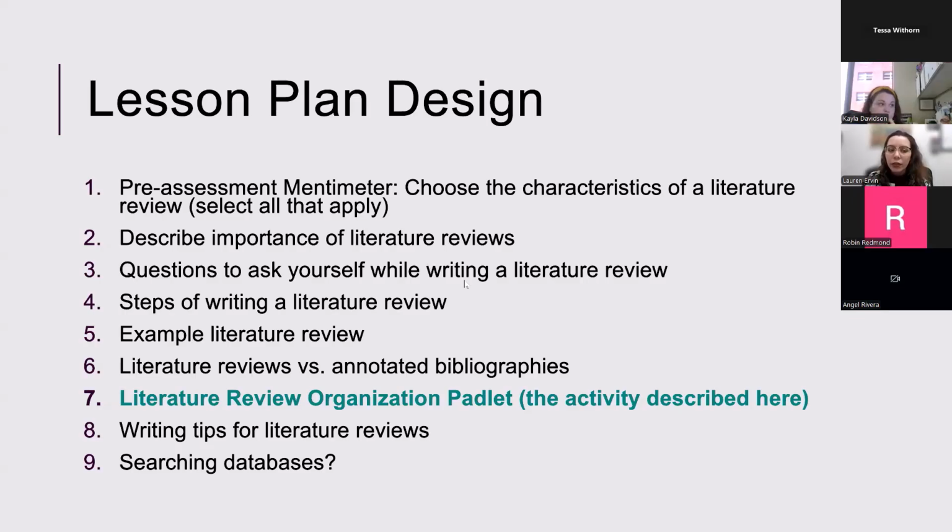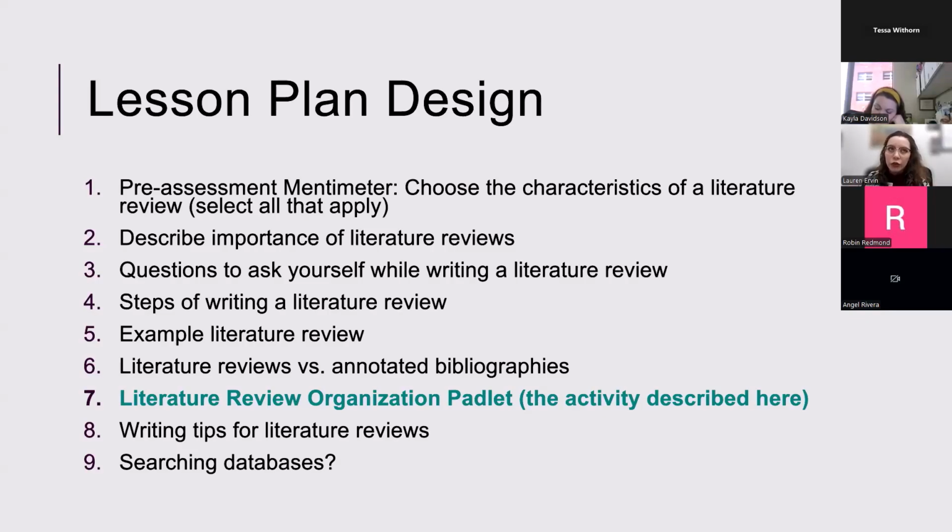And then I have some slides talking about why literature reviews are important. These are questions you might ask yourself while making your literature review. Here's the general process of writing a literature review. Usually I try to pull up an example to show them. I clarify how this is different from annotated bibliographies. And then at that point, I go into the restaurant reviews activity, which is this Padlet.